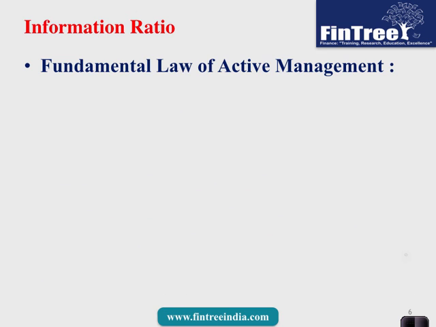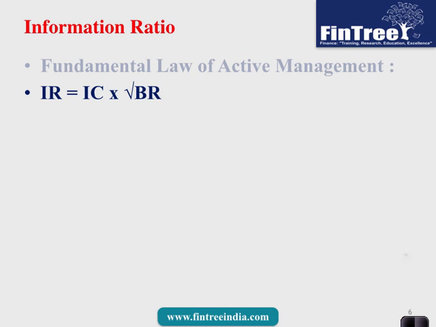Now the fundamental law here, and this is the core of the reading. So now they've presented us with one more formula of information ratio, but this is more of a theoretical perspective on the formula. So what they're saying is information ratio is a function of skill of the manager and coverage of the manager.